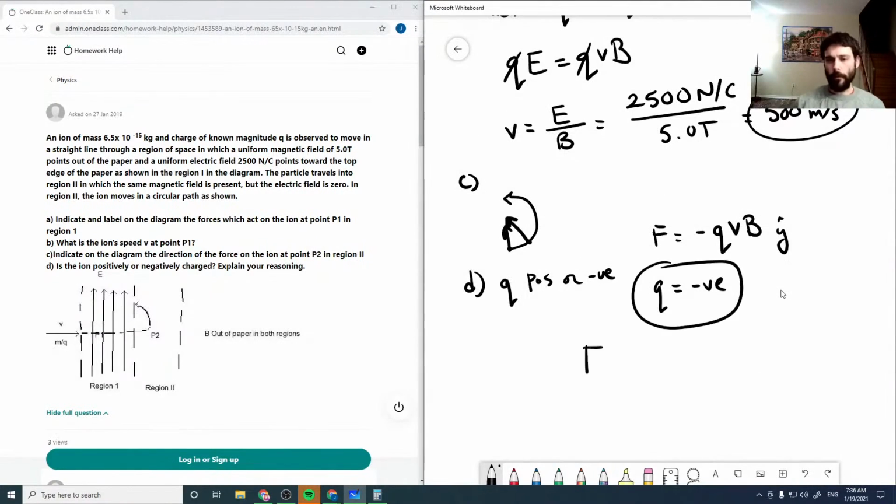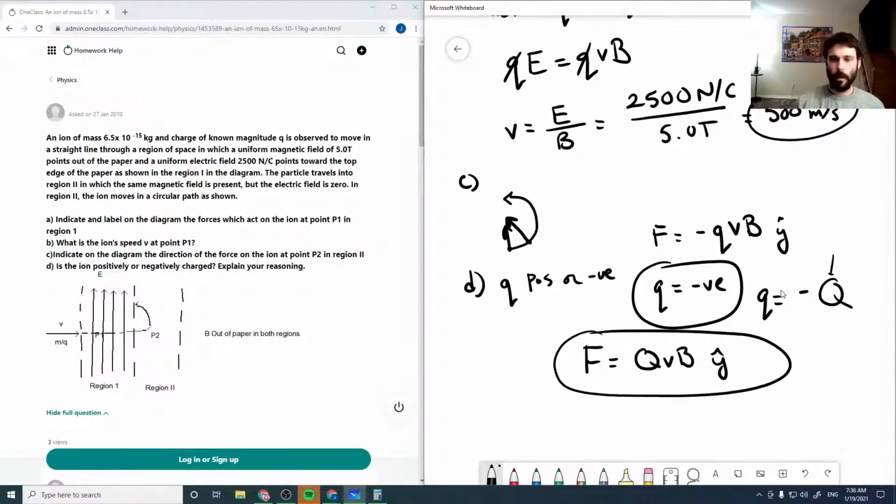Right, and that way our force will be, so Q is minus Q, where Q is the absolute value of the charge. So then F would be QVB in the y hat direction. That way we can get our centripetal motion.